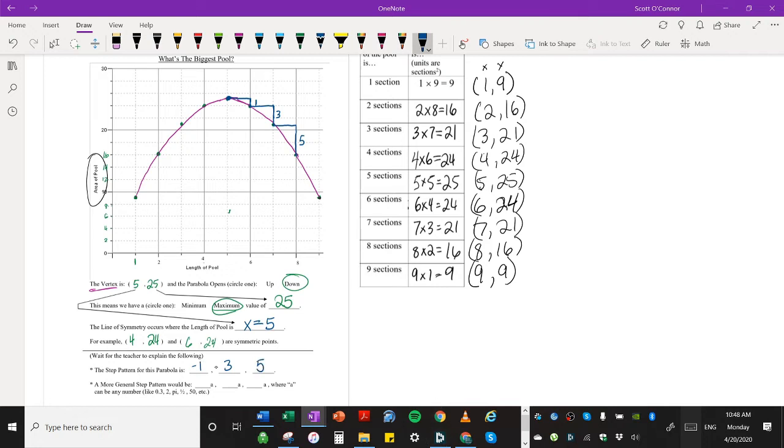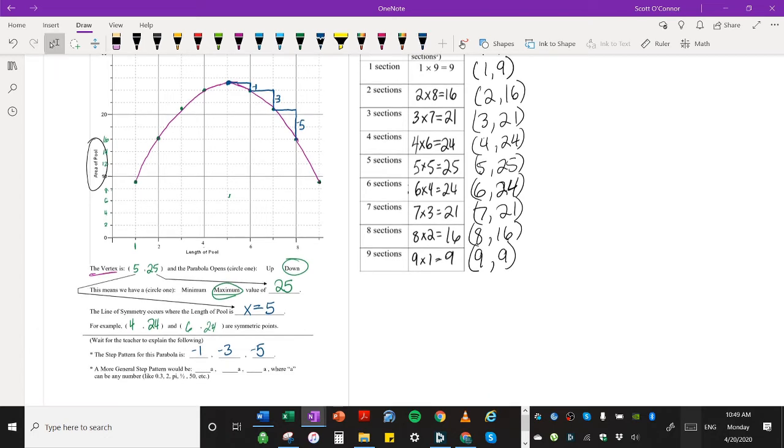And it's actually -1, -3, -5, okay? Because it went down. It went down 1, it went down 3, it went down 5. What about the more general step pattern? Well, the more general step pattern is 1 times a, 3 times a, and 5 times a. And I'm going to show you what that means right now.